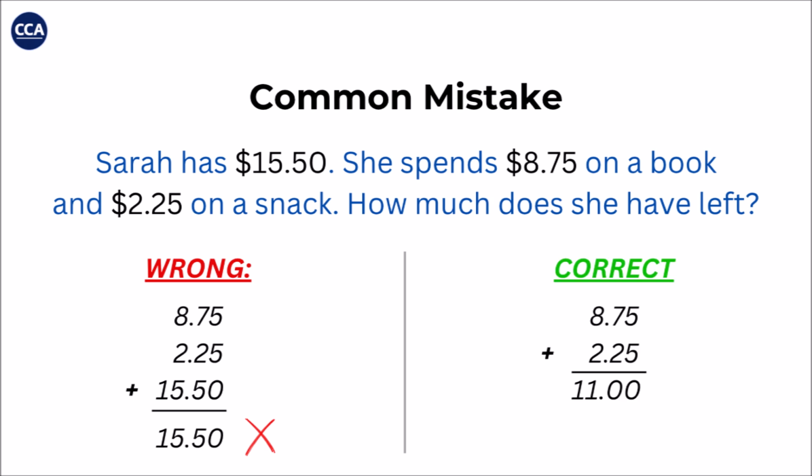The correct method is: first, add what she spent. 8.75 plus 2.25 equals 11.00. Then subtract from her total. 15.50 minus 11.00 equals 4.50. Sarah has $4.50 left. The mistake happens when students add everything together instead of identifying separate steps. Always read carefully. Spending and starting amount are different things.